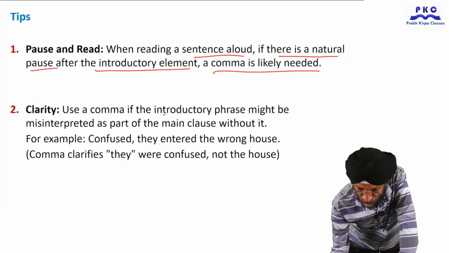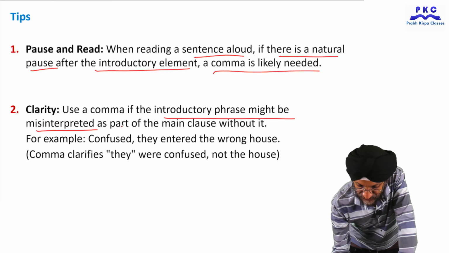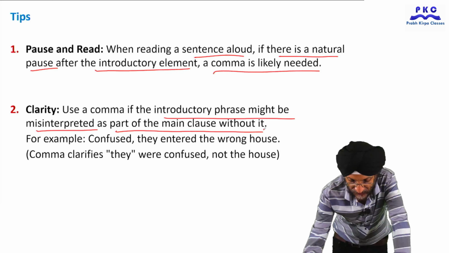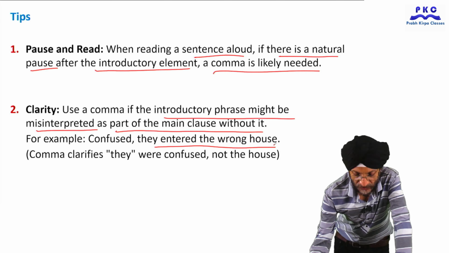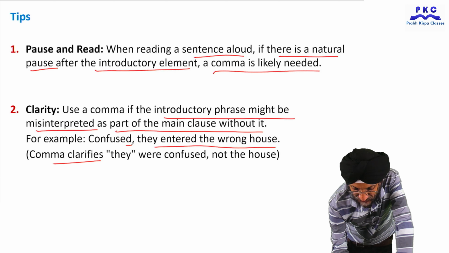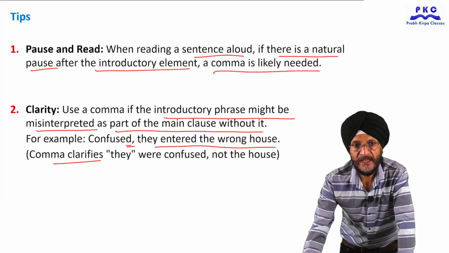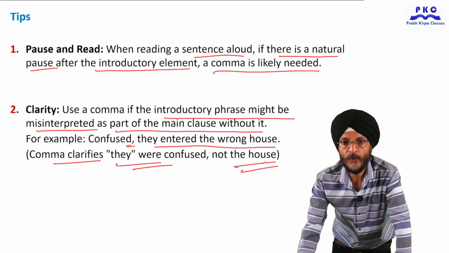Clarity. Use a comma if the introductory phrase might be misinterpreted as a part of the main clause without it. For example, confused, they entered the wrong house. Here, the comma after confused clarifies they were confused and not the house.